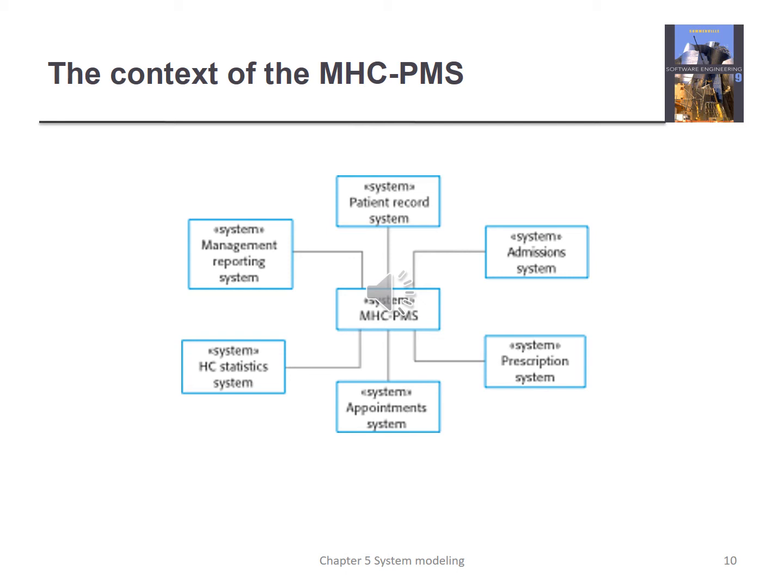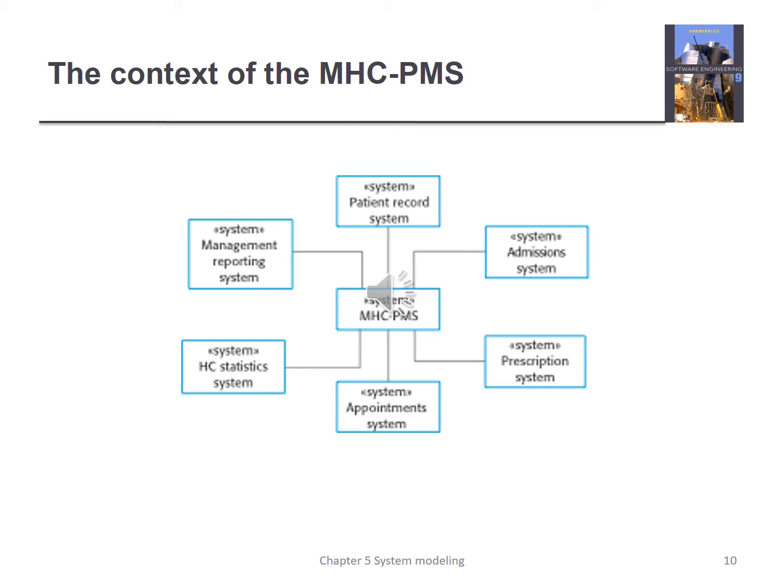Actually, the way we explain it and the way it should be, when we talk about the context diagram, we put a square around the whole thing. Or actually, we could put just the mental health care patient management system, and then around it, the stakeholders, the people who are going to deal with the system, like the patient, the doctor, the nurse, whatever.